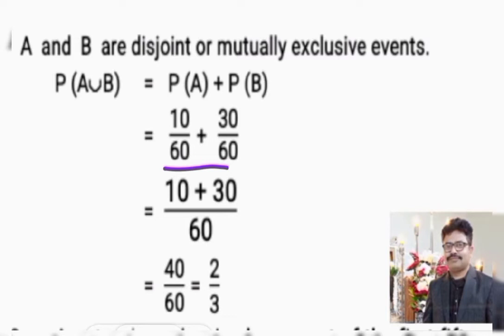So the LCM is 60, and as it is common, 10 plus 30 will be added. 10 plus 30 is equal to 40, and divided by 60 is the probability of A union B. Because that is our final answer, now we can simplify. 0 will cancel with 0, and 2 fours are 4 and 2 sixes are 6, so 2 by 3 is our final answer of probability of A union B.